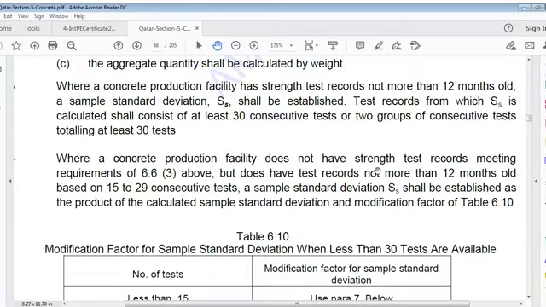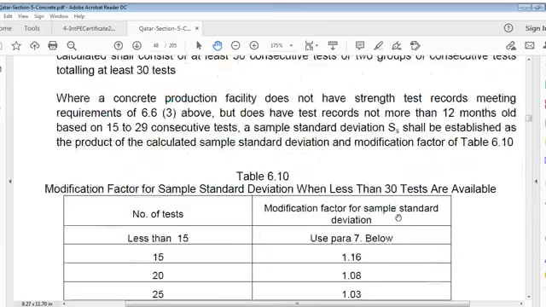Where a concrete production facility has strength test records not more than 12 months old, a sample standard deviation Ss shall be established. Test records from which Ss is calculated shall consist of at least 30 consecutive tests or two groups of consecutive tests totaling at least 30 tests.